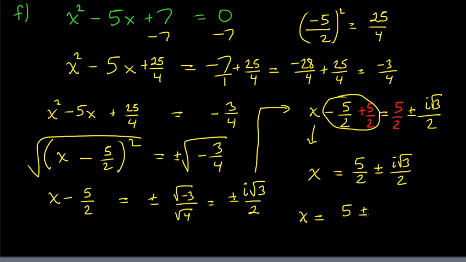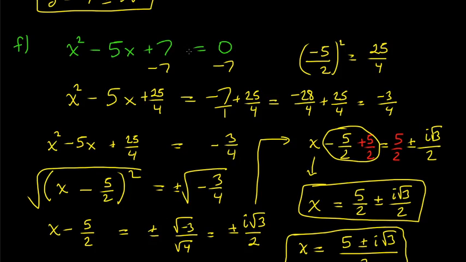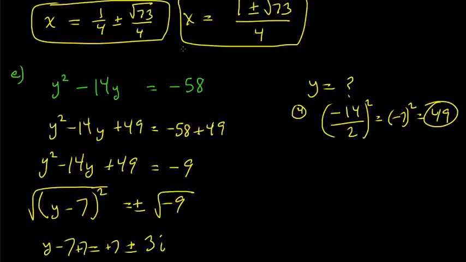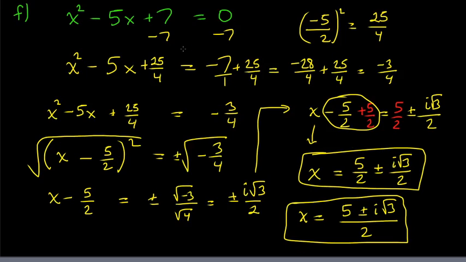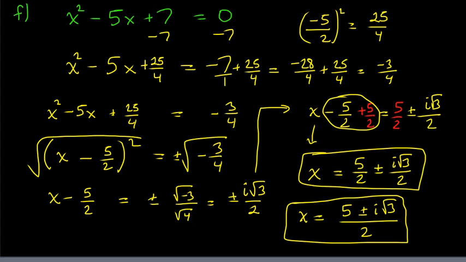This is 5 plus or minus i square root of 3 all over 2. And I think I already mentioned I'm not picky. You could leave it either way at this point. But that's it, right? So that's completing the square. Once you get used to it, it's just not that bad, but it takes a while to get used to it. So hopefully, way back in 11.1, you did enough of these where this is now second nature.